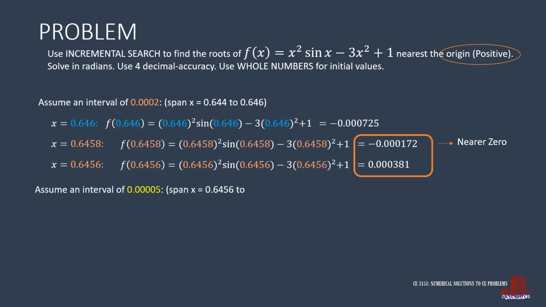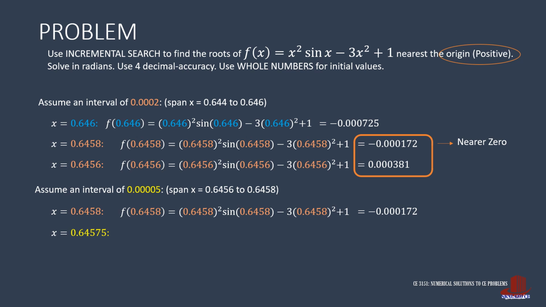The current interval now is from 0.6456 to 0.6458, and we try to take increments of 0.00005. Again, we refer the iteration from 0.6458. Since this is the upper limit, we subtract the increments, starting with 0.64575.